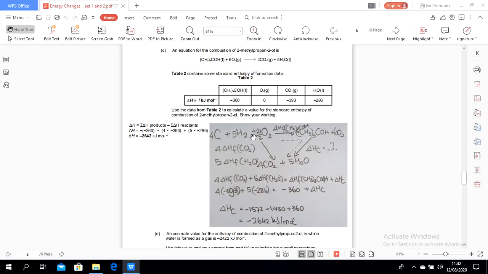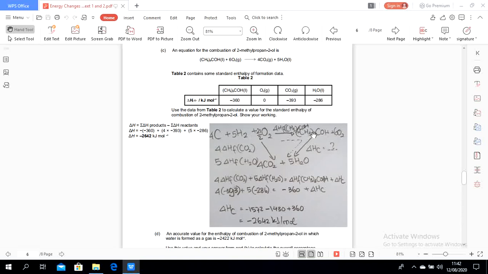So the direct route is ΔHf of CO2 multiplied by 4. Why? Because we are forming 4 CO2. And then over here multiply by 5. Why? Because it is the formation of 5 H2O.